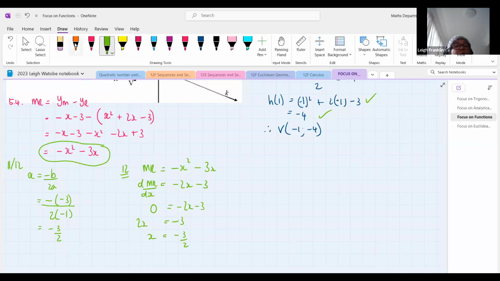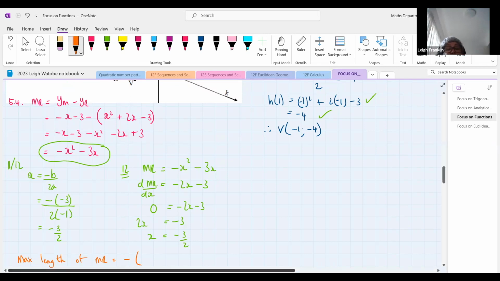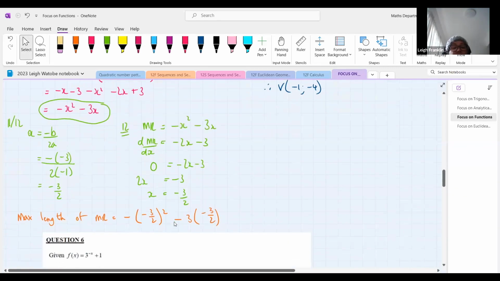All right, so in other words, to get the maximum length of MR, we're going to take minus the x squared minus 3x. We're going to sub in minus 3 over 2 squared minus 3 times minus 3 over 2, like that.